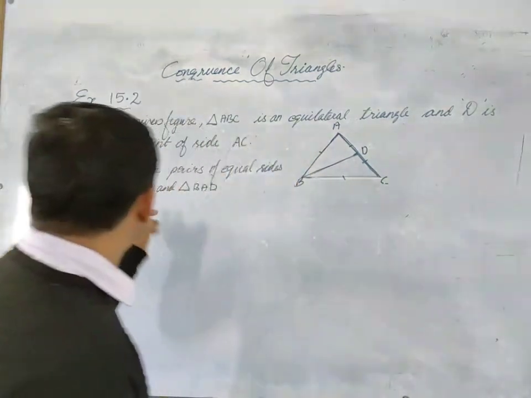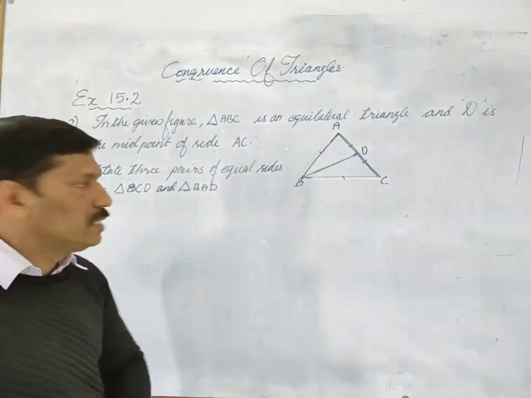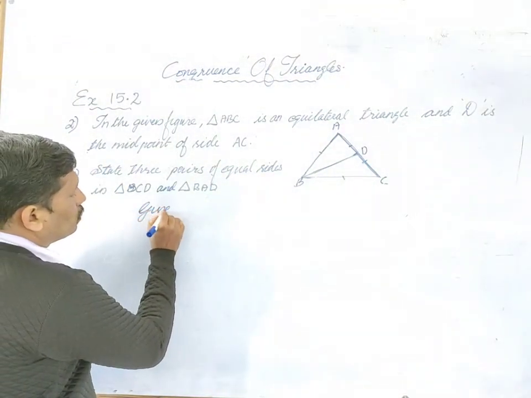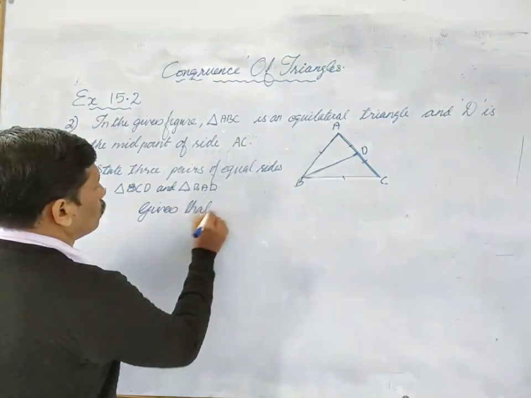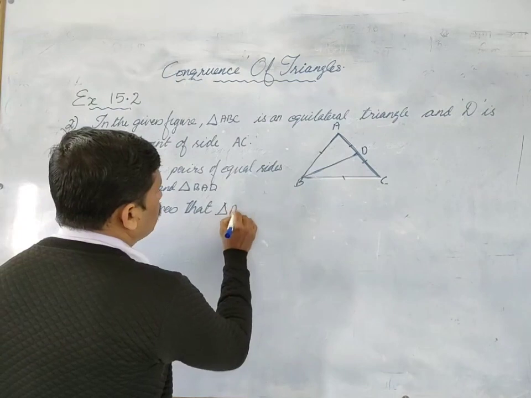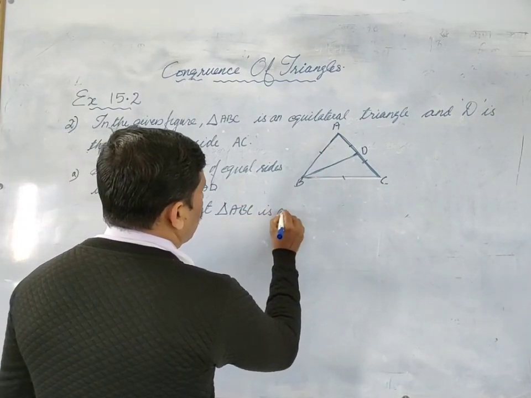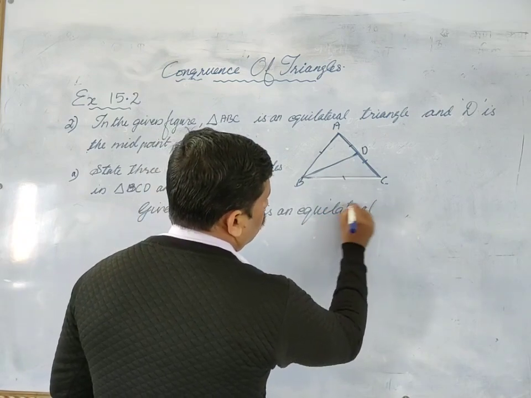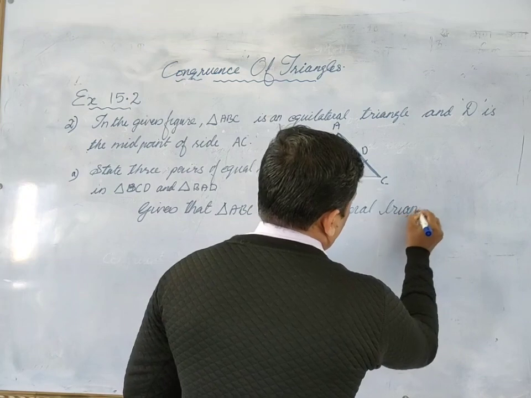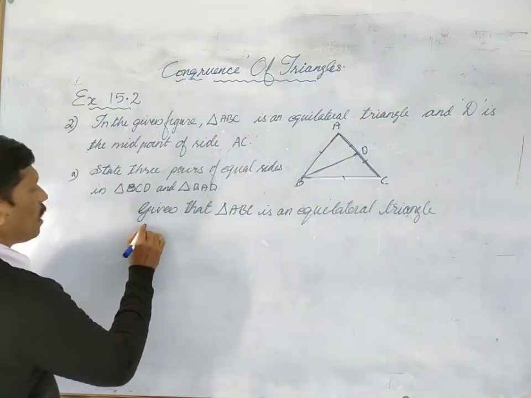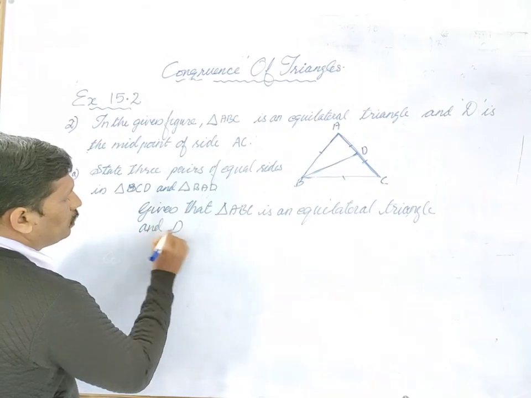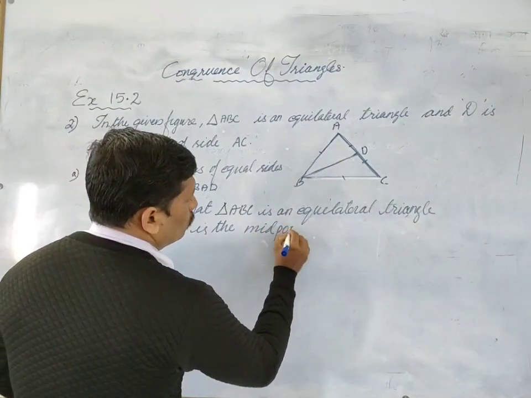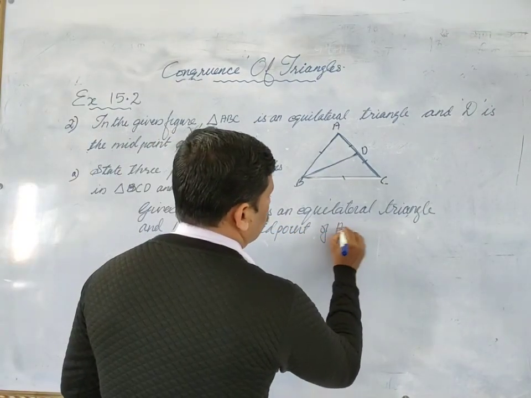So we can state the answer: state three pairs of equal sides of triangle BCD and BAD. Given that triangle ABC is an equilateral triangle and D is the midpoint of AC.